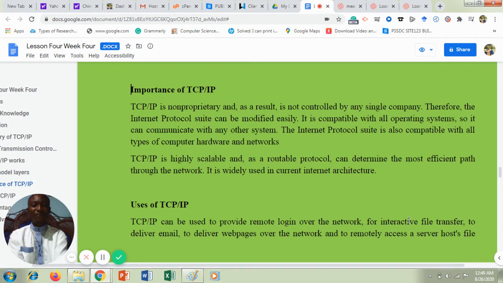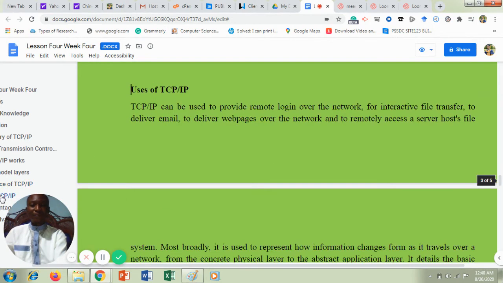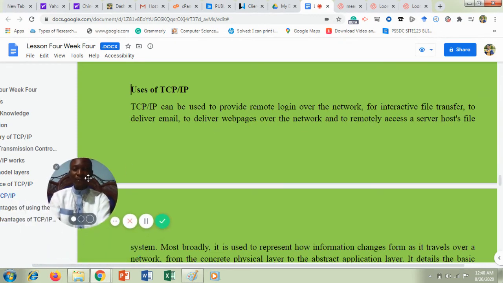It is also used for interactive file transfer, things like WeTransfer, and also FTP. It is used to deliver mail, when you talk about mail, you talk about SMTP and POP3, and to deliver web pages and all of them. Those are some of its uses.